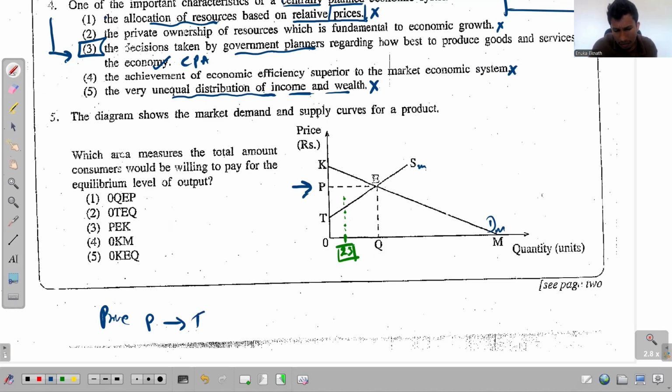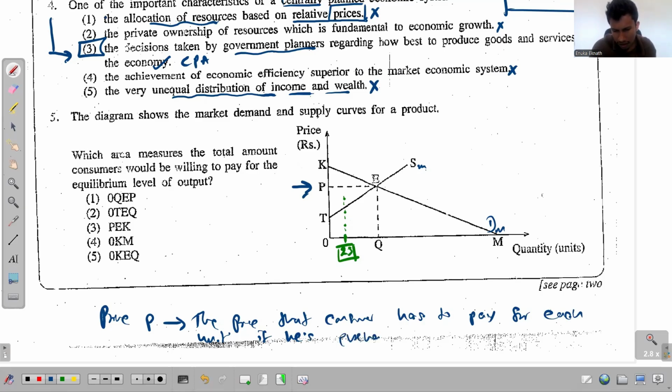That is the price that the consumer has to pay for each unit if he is purchasing a quantity of Q, right?